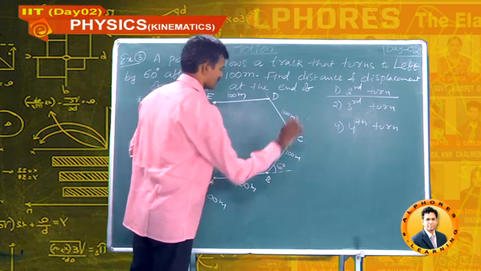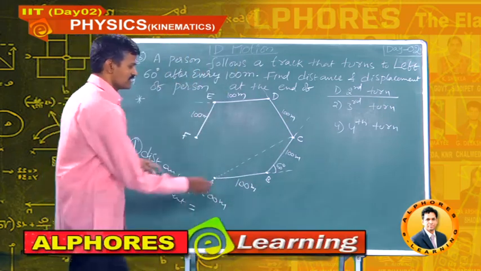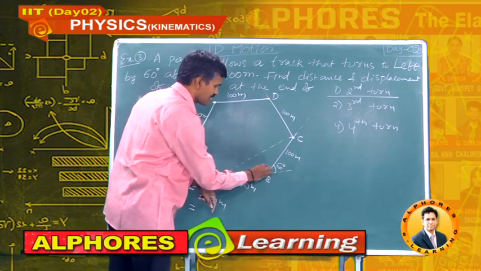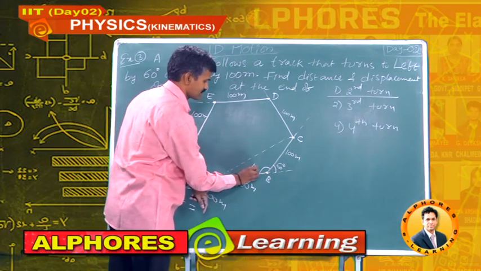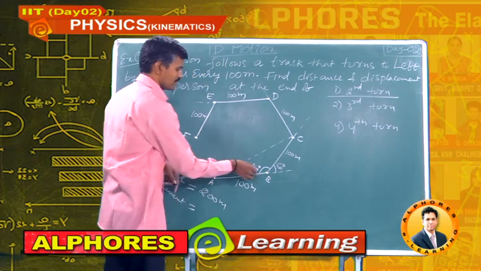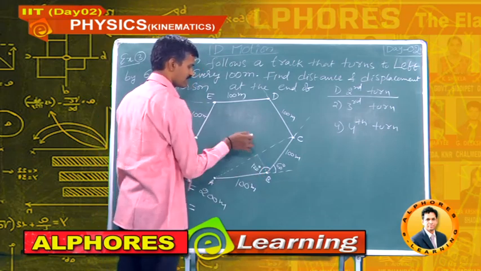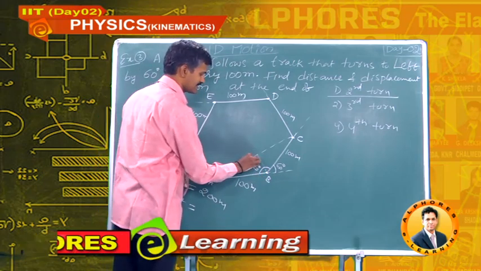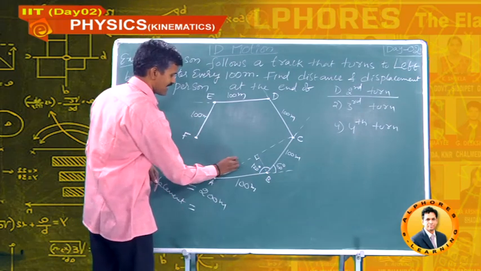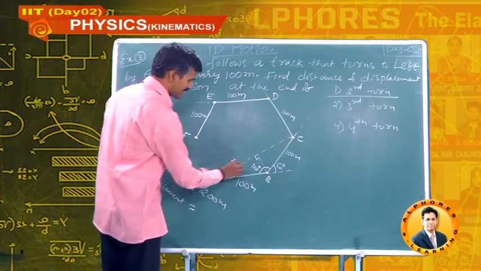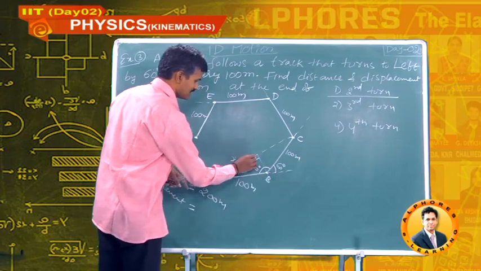This is the shortest line. So if this angle is 60, this will be 120 degrees. If I draw a perpendicular from here, it will be 90 degrees. Suppose this is some x, it is a right angle triangle.